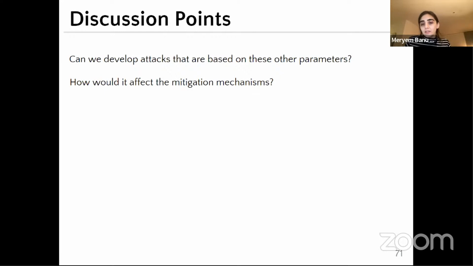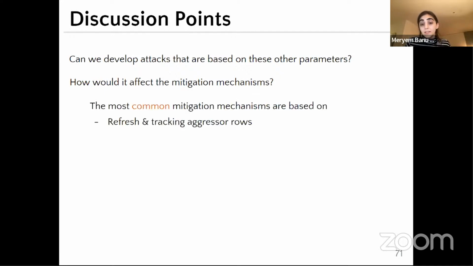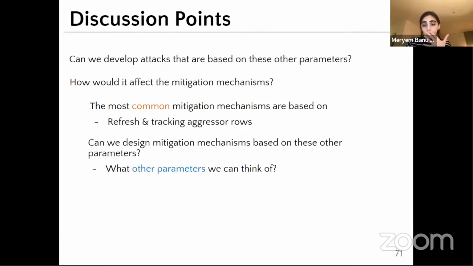Yeah, but in general, right? The most common mitigation mechanisms are based on refresh and also tracking aggressor rows, just to prevent the aggressor row from reaching the threshold hammer count, which is, I think, the idea of BlockHammer in general. But for example, can we design mitigation mechanisms based on these other parameters? Let's say BlockHammer also included the temperature in its fuzzing strategy.